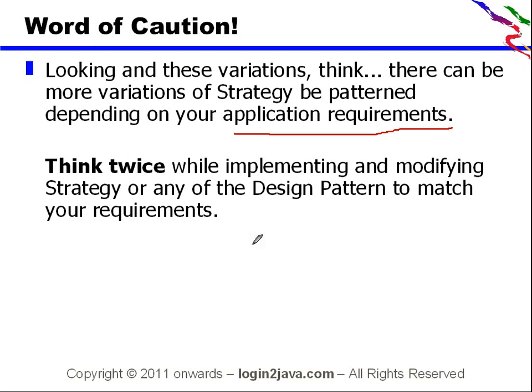So don't just copy paste the code and modify, just think whether it is required. For a simple example, if you are working on a real-time application and you are creating a new instance for your strategy every time, just think whether that instance is required or not. If it is not required, you are creating thousands of unnecessary objects, which slows down the performance of your application tremendously.